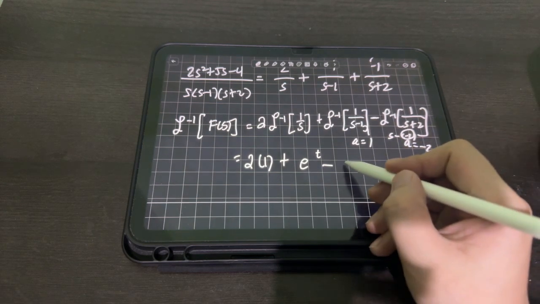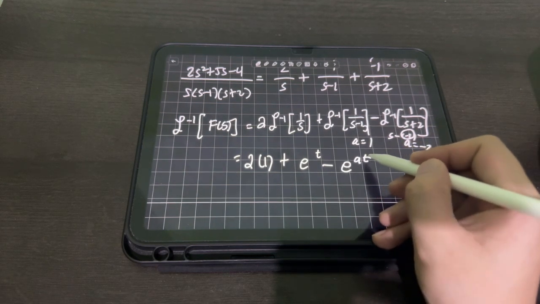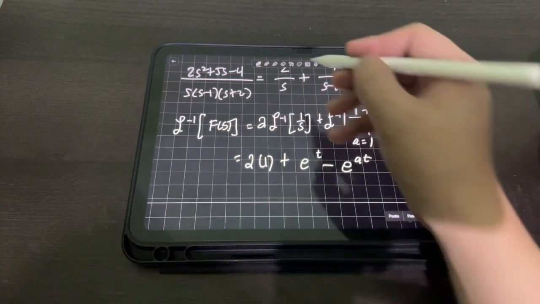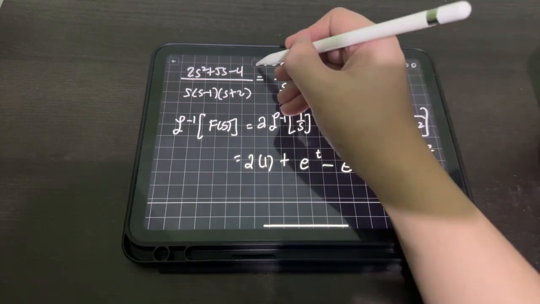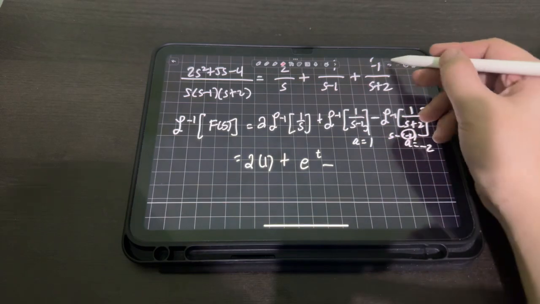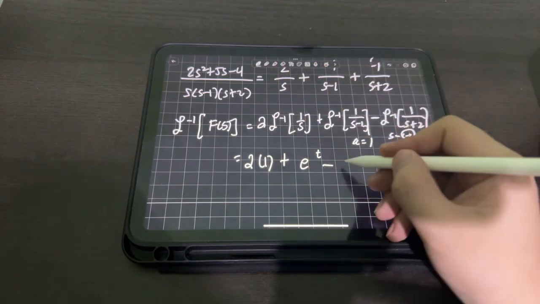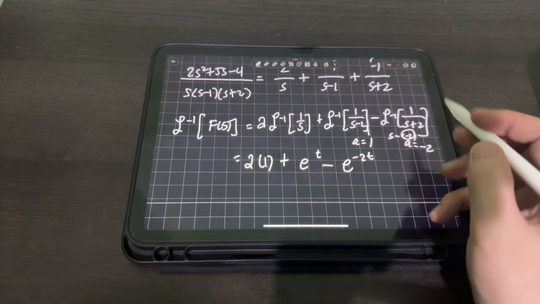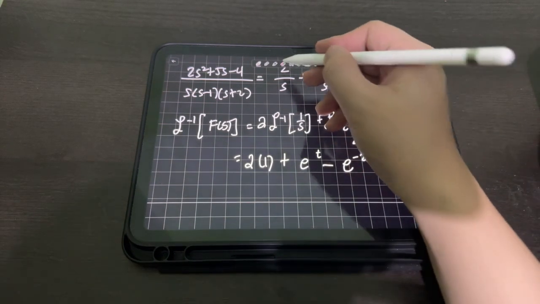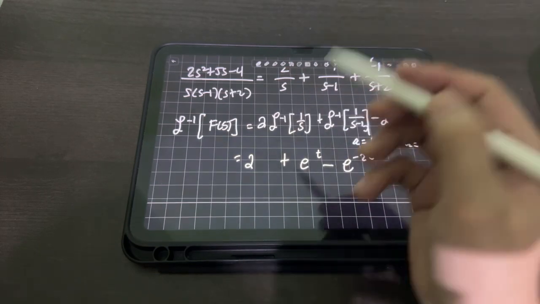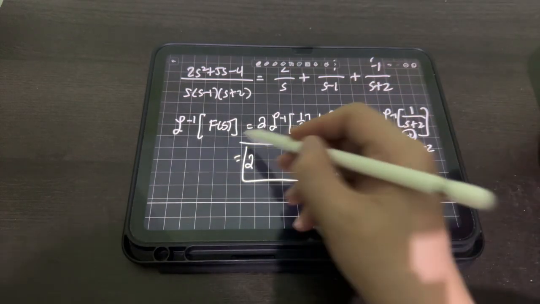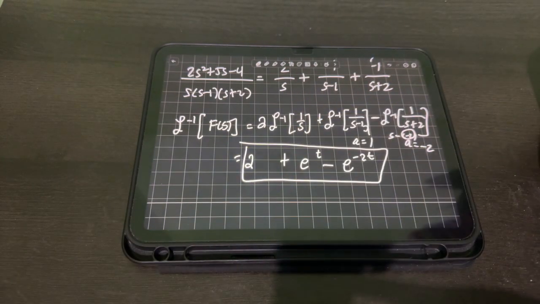So its inverse Laplace transform is e raised to at, and substituting a, which is negative 2, it's e to the negative 2t. So simplify 2 times 1, it's just 2. So this is the final answer: 2 plus e raised to t minus e to the negative 2t.